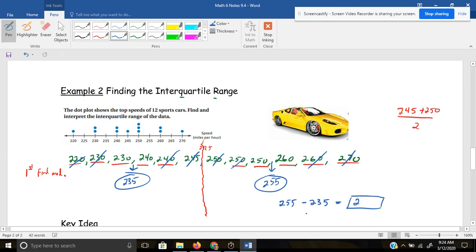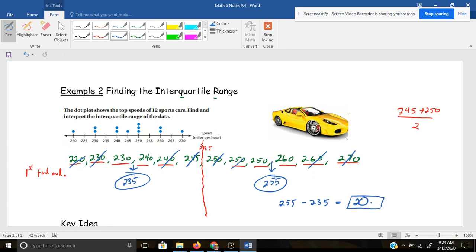So what does that mean? This means that the middle half of the speeds vary no more than 20 miles per hour.